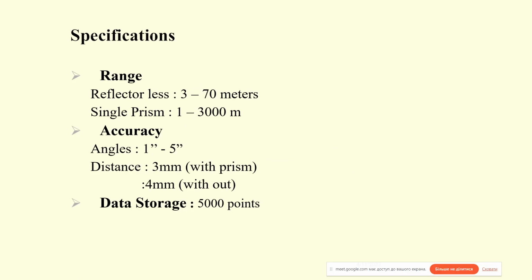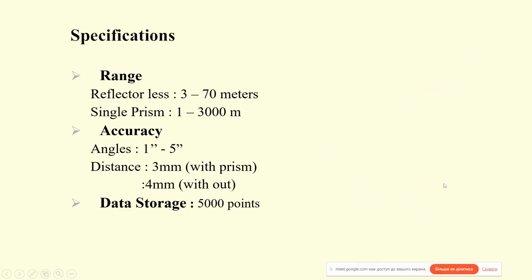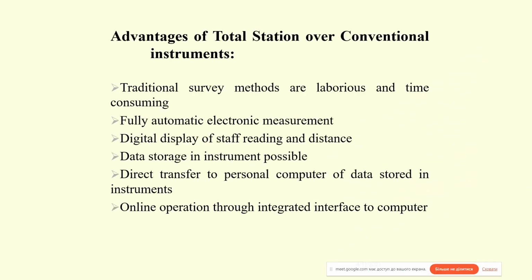Here you can see an example of specification of different total stations. Here you can see a prism target. Advantages of total station over conventional instruments. Traditional survey methods are laborious and time-consuming.